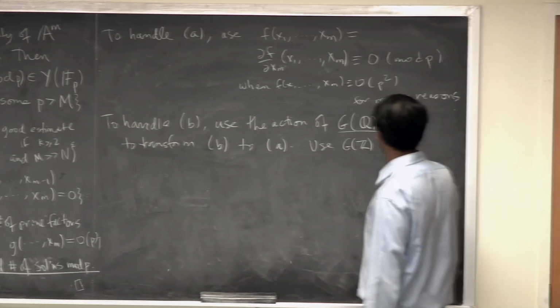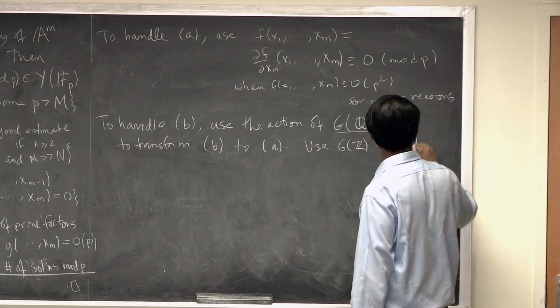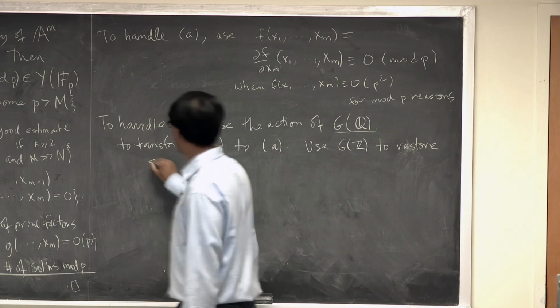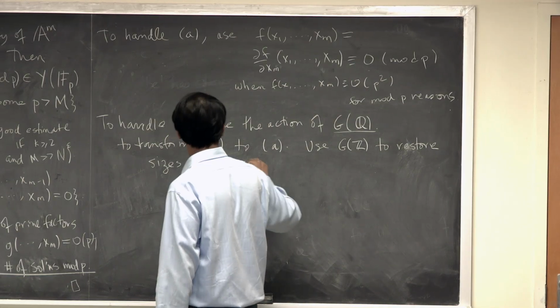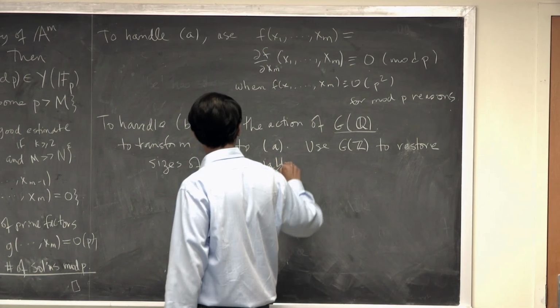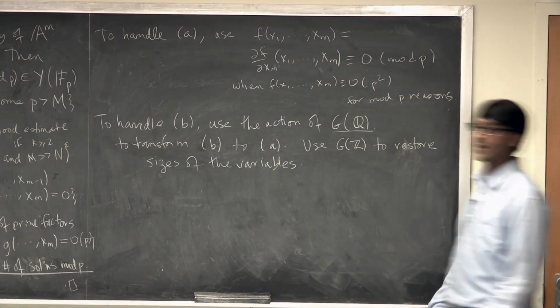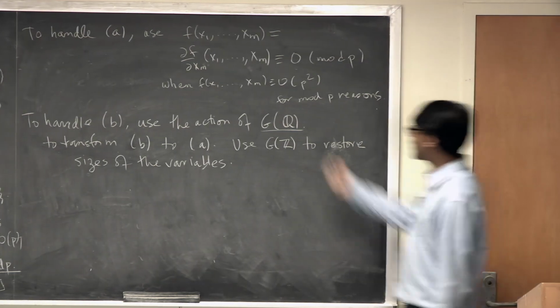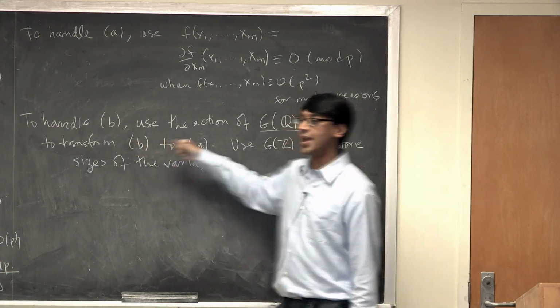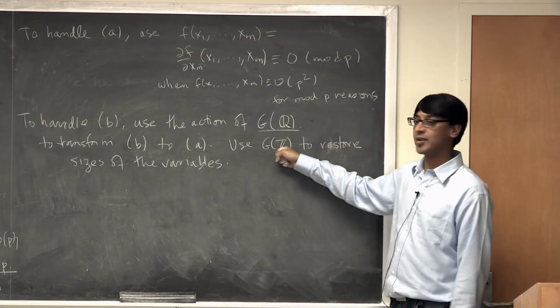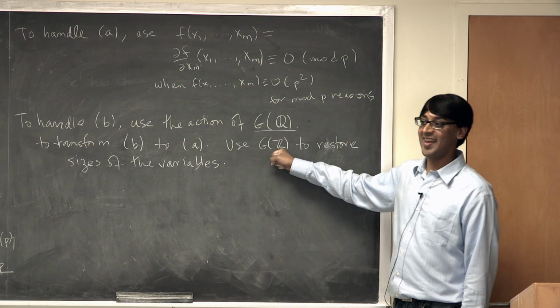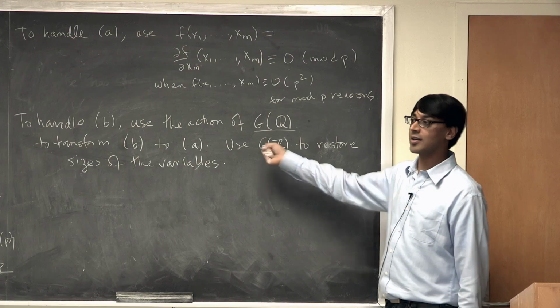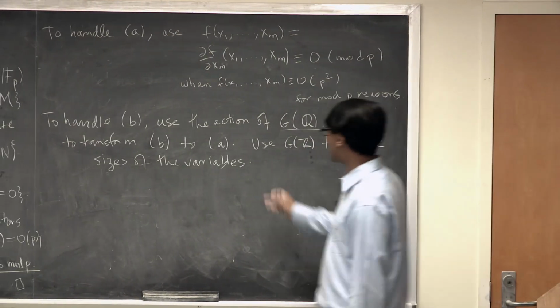It's just for illustration. Because if you went way out of the box, then it wouldn't be useful. So if G of Q is big enough so that you can always transform B to A, and if G of Z is big enough so that you can always restore sizes of variables, then that's perfect. And that's a case when you can always get the density of square-free values.